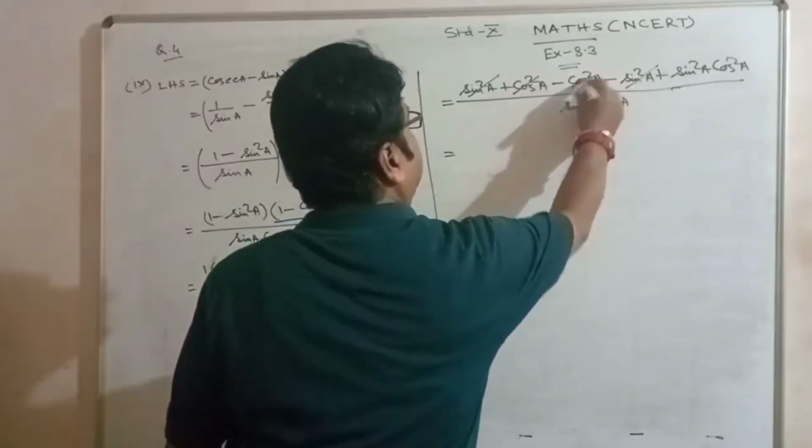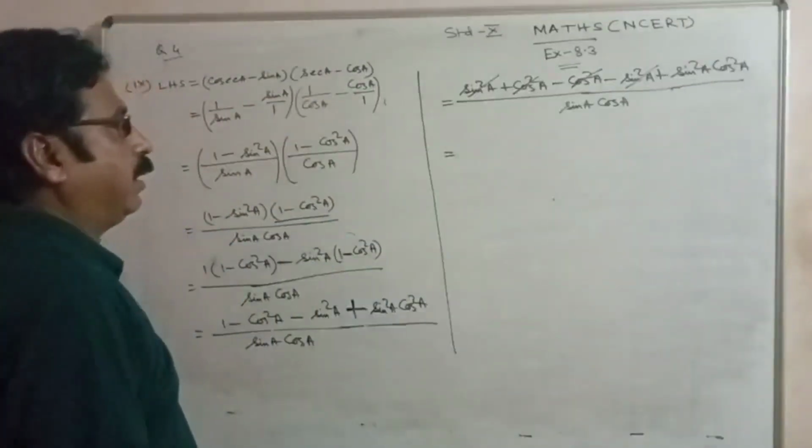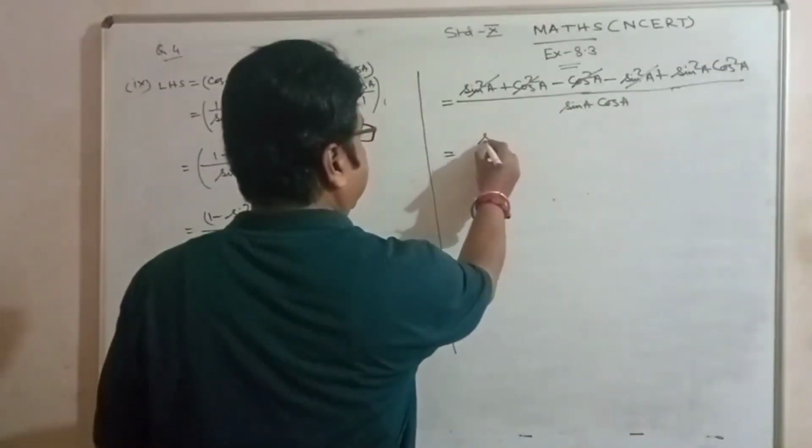Plus cos square A and minus cos square A also we can cancel. Now what is left? Sin square A cos square A.